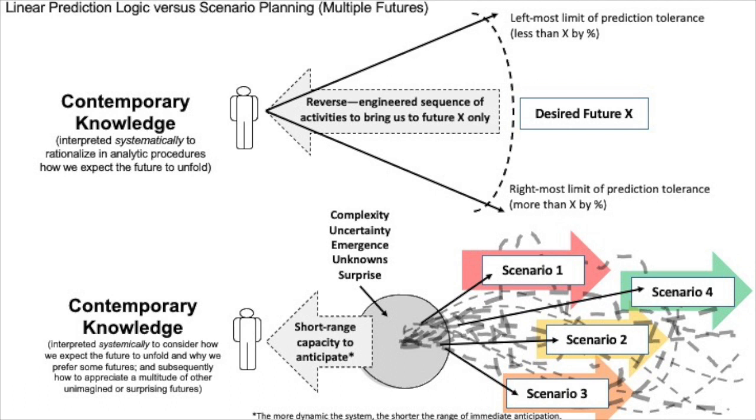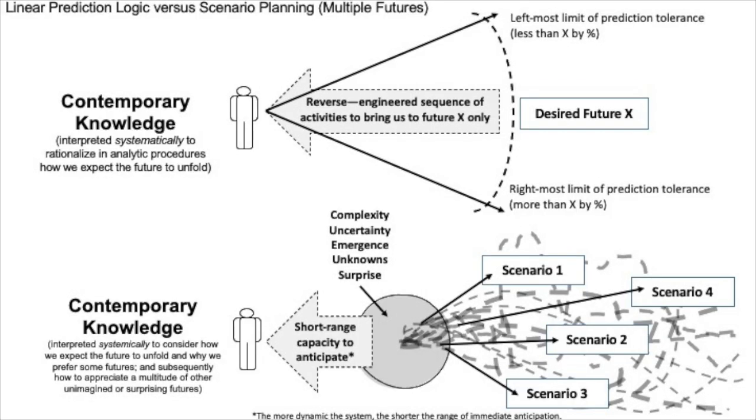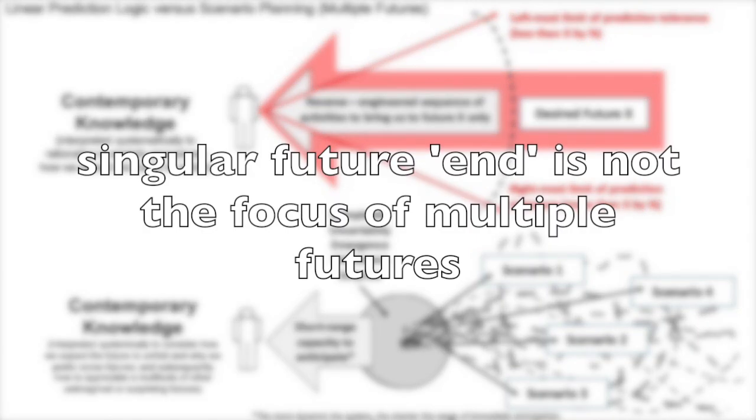It is the generation of these multiple divergent futures that creates a cognitive maneuver space for the security design team and subsequently the strategic design sponsor to consider and simulate future actions in a wider range of potentials, whereas a convergent future end state, a singular one, is not the centralized focus in systemic thinking.